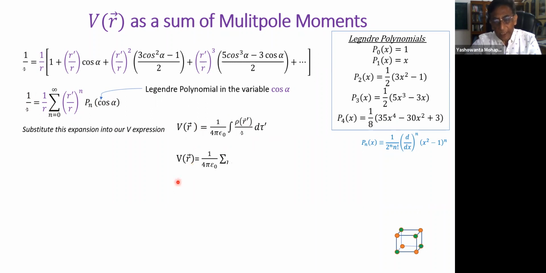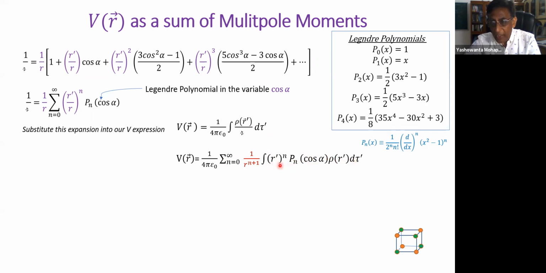I'm just plugging that in. So I've taken 1 by r out. There was already 1 by r out, so it is 1 by r to the power n plus 1, as n goes from 0 to infinity. And under the integral is r prime to the power n, P_n of cos alpha, rho prime.